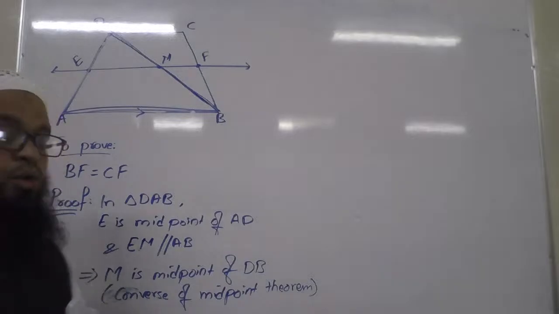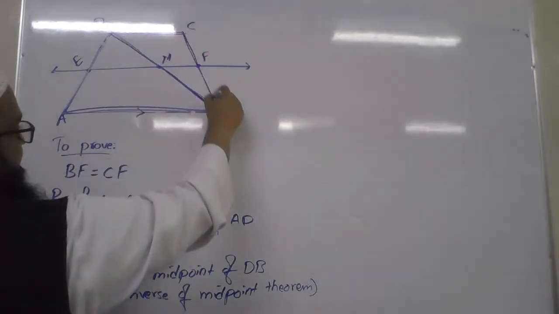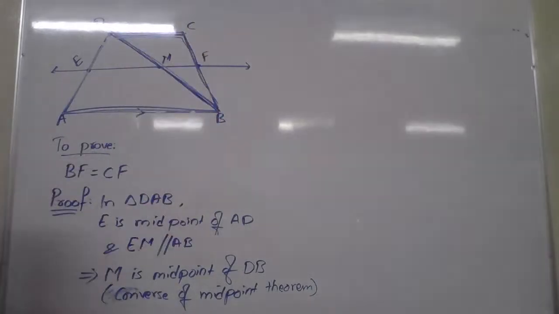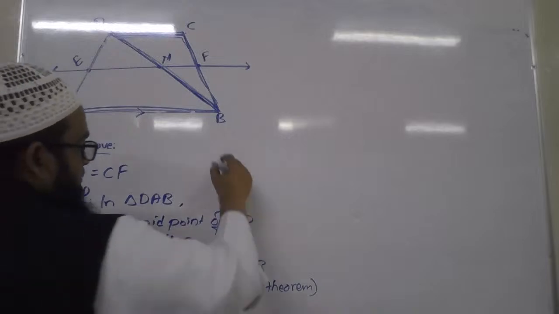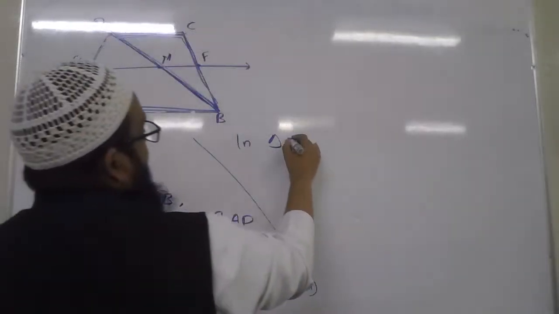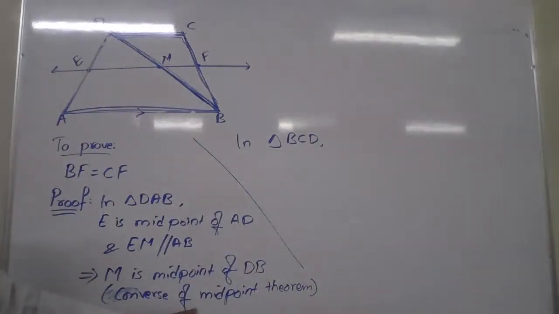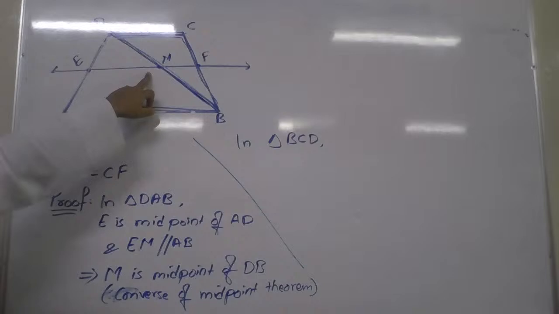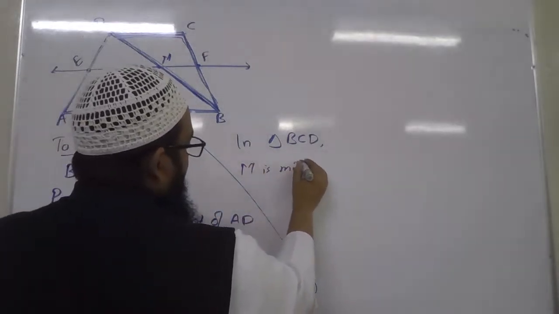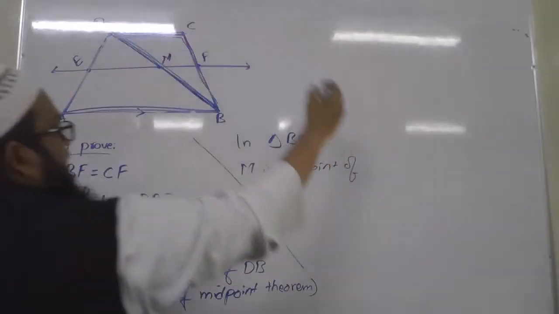Now let us see, what is this, my dear student? Is it a triangle? Now in triangle BCD, just now we have proved that M is the midpoint of BD.